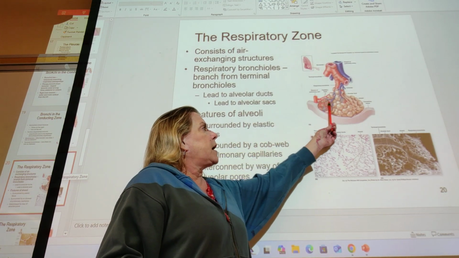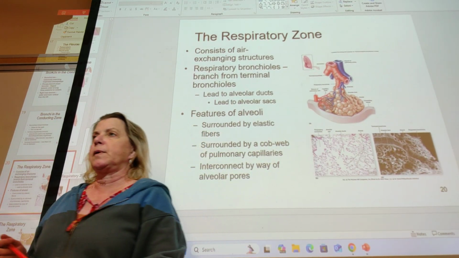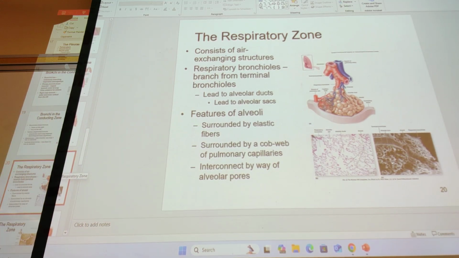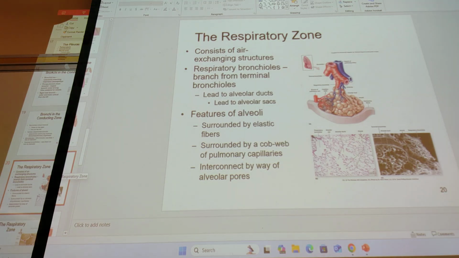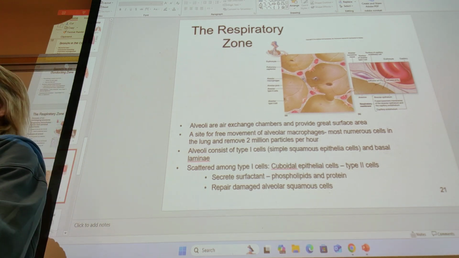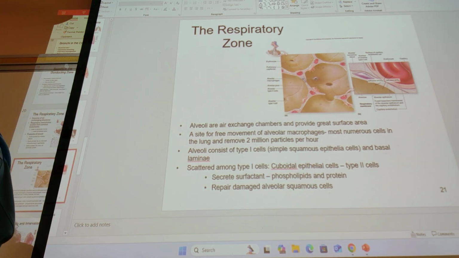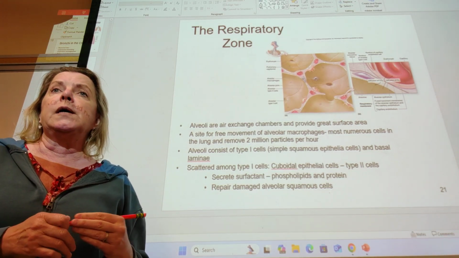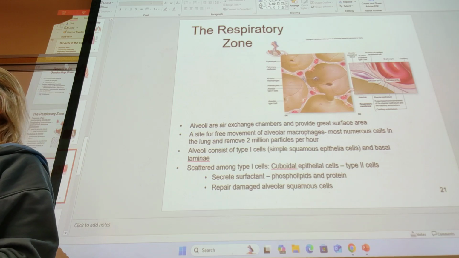Around the alveoli, we see our pulmonary capillary beds. And it's like a web around the alveolar sac. The respiratory zone itself, diffusing gases across the blood vessels into the alveoli for oxygen, or from the alveoli out to the blood vessels in the case of CO2, consists of 3 layers.